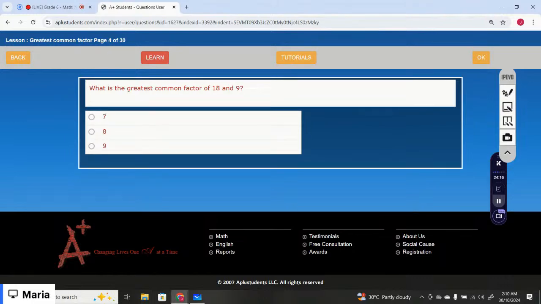What is the greatest common factor of 18 and 9? Which is the correct option? The greatest common factor is 9. 9 is the correct option.